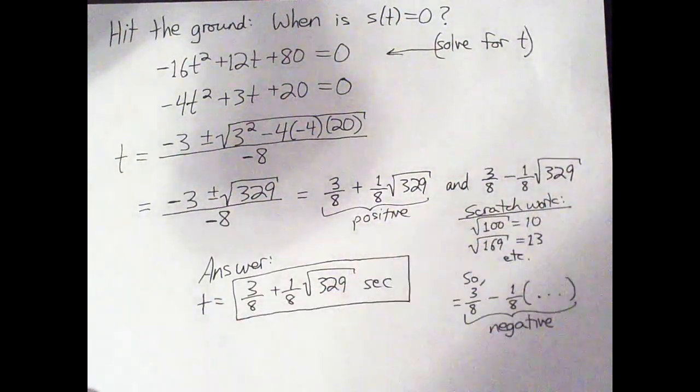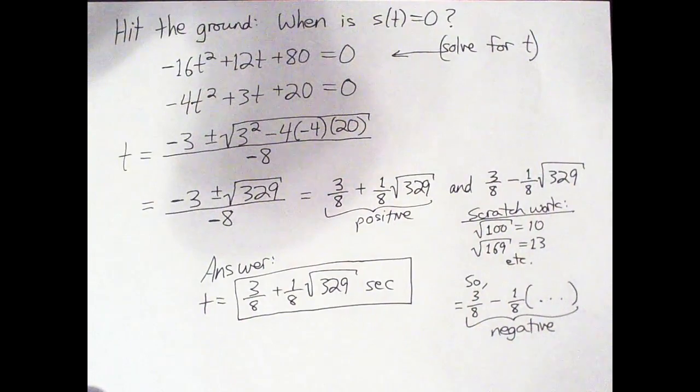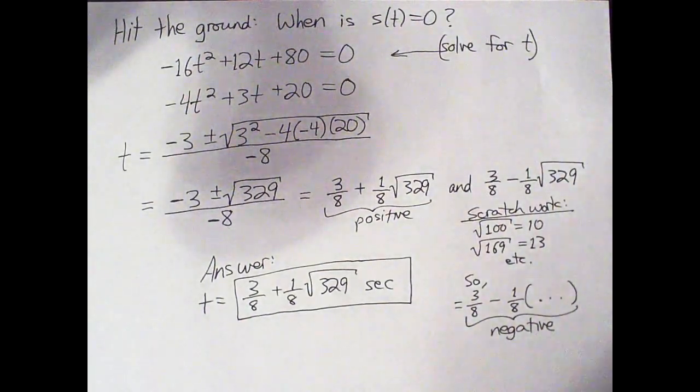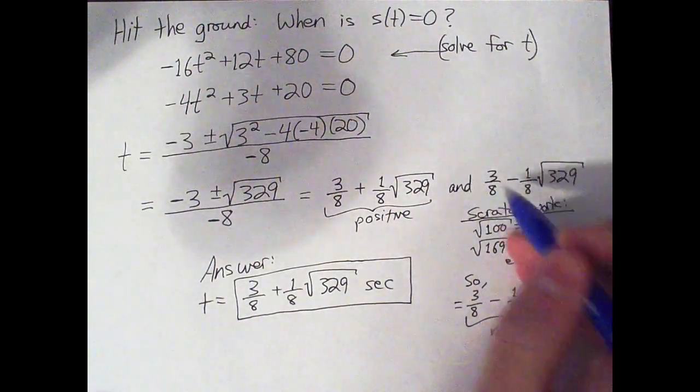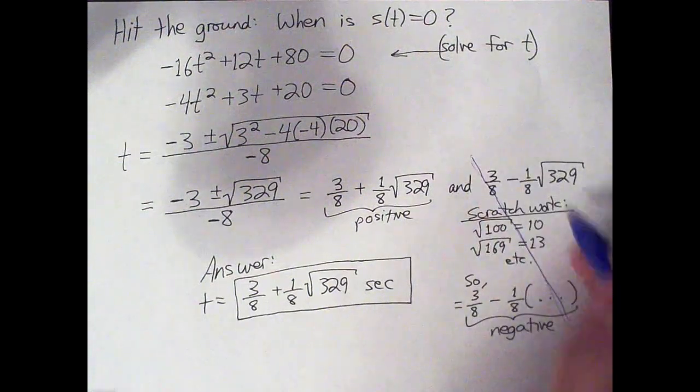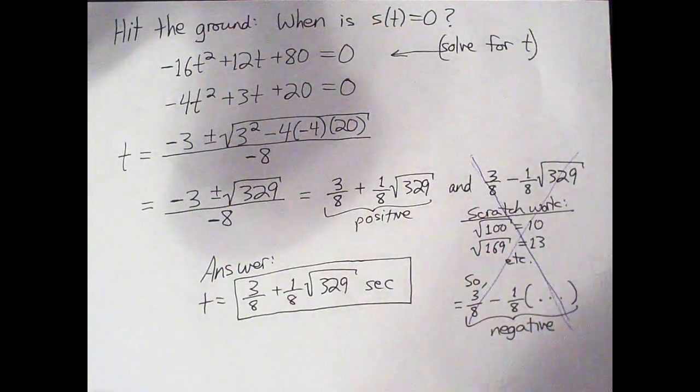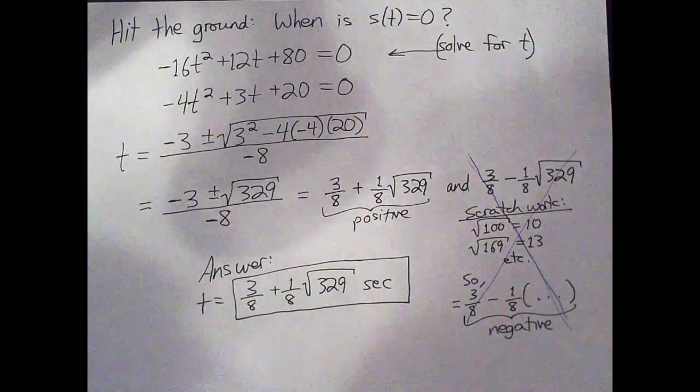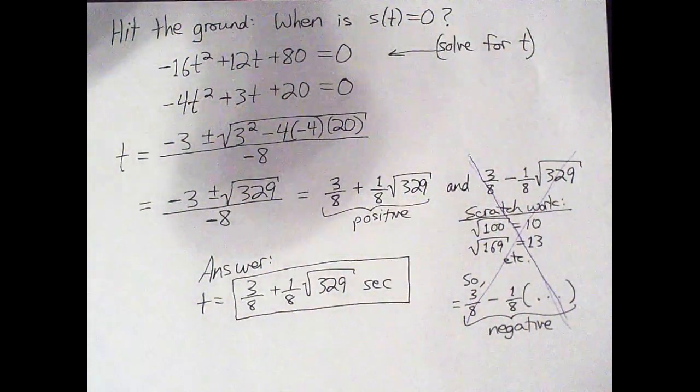It takes that many seconds to hit the ground. So we tossed out the negative answer, because it can't hit the ground before it was dropped. In a word problem, if you get two answers, sometimes you have to figure out which answer makes sense.